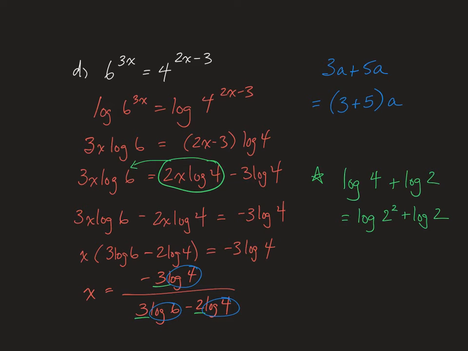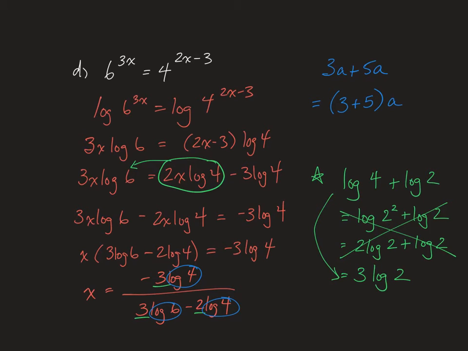And now that that's a power inside my log, I can bring that exponent of 2 out in front. And notice, I could create like terms. If I have 2 log 2 plus another log 2, then I have 3 log 2. Just something to be conscious of. In the green instance, if that ever arose, I would expect you to simplify that down to 3 log 2. You would not have to show any work.